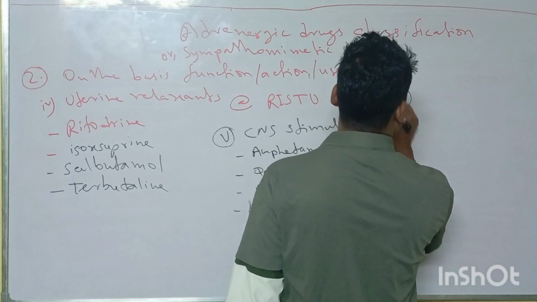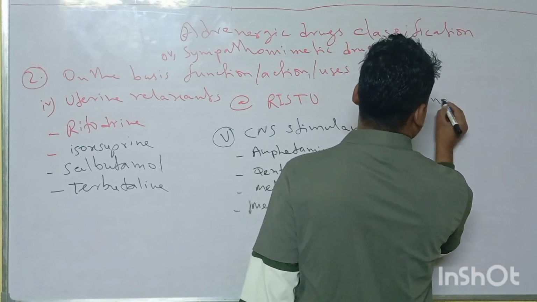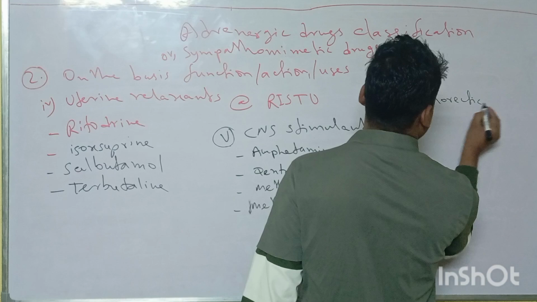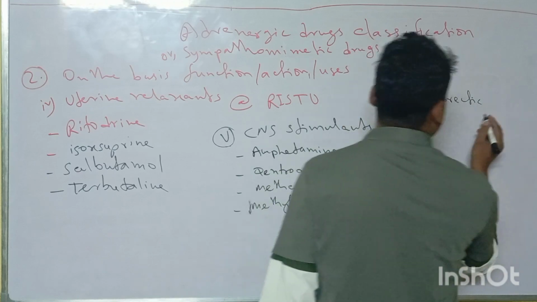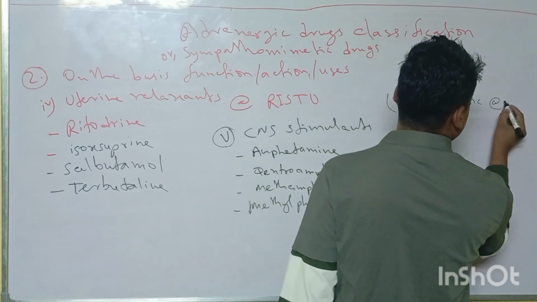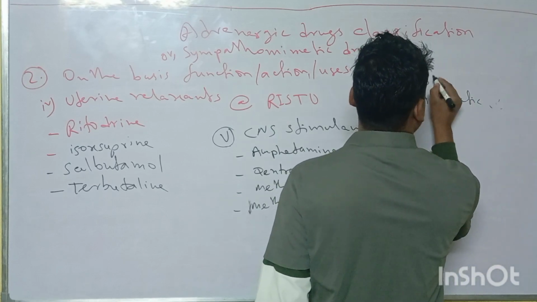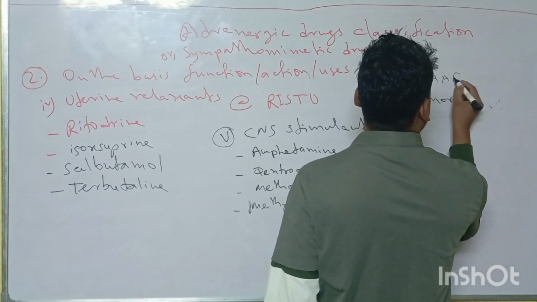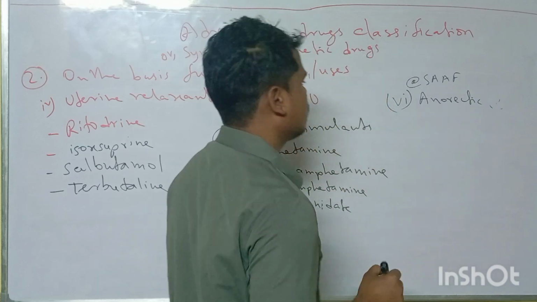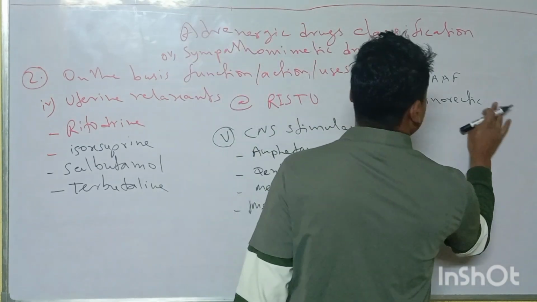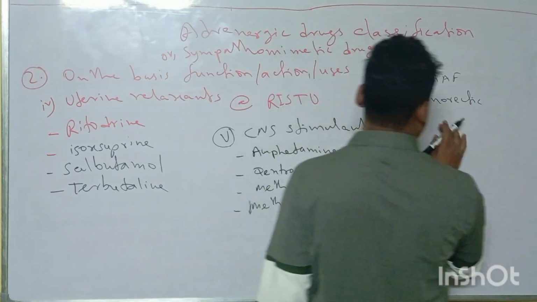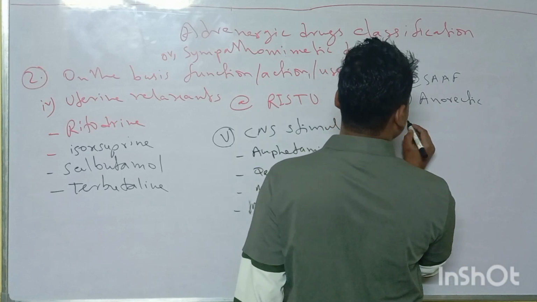Number 6 will be anorectics. Anorectics. Remember it as SAF. You must have heard of the SAF championship games. So remember it as SAF. What will be its meaning?